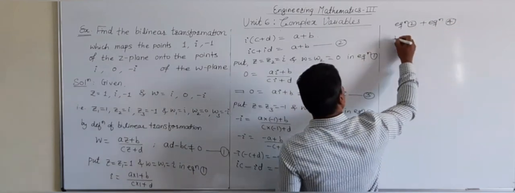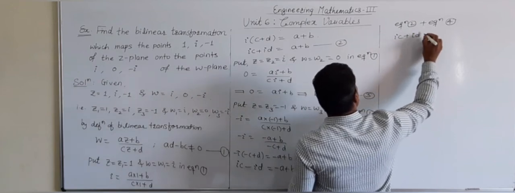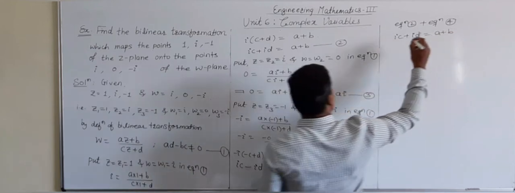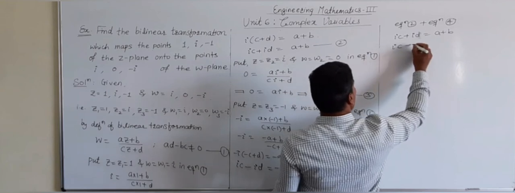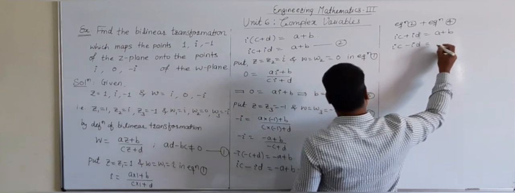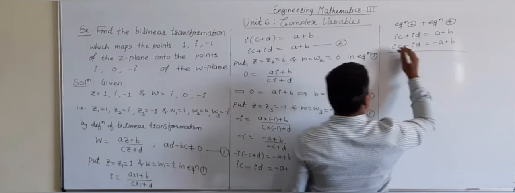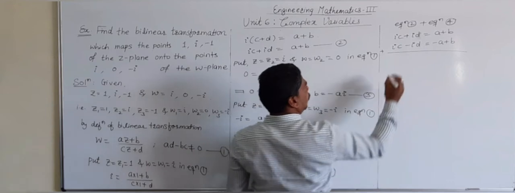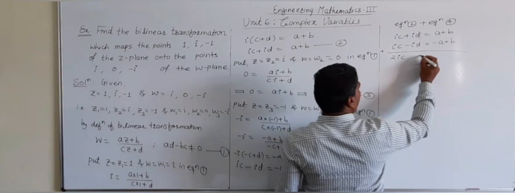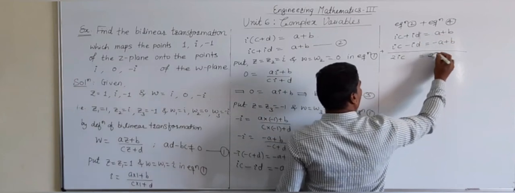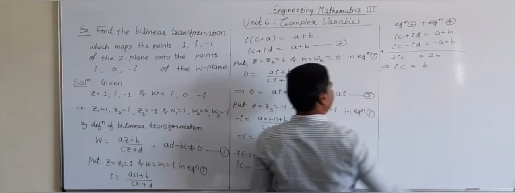So we get iC plus iD is equal to A plus B, and adding this equation of equation 4, which is iC minus iD is equal to minus A plus B, right? So after adding these two equations, we get 2iC, plus iD minus iD becomes 0, is equal to A minus A becomes 0, plus 2B. So this implies iC is equal to B.